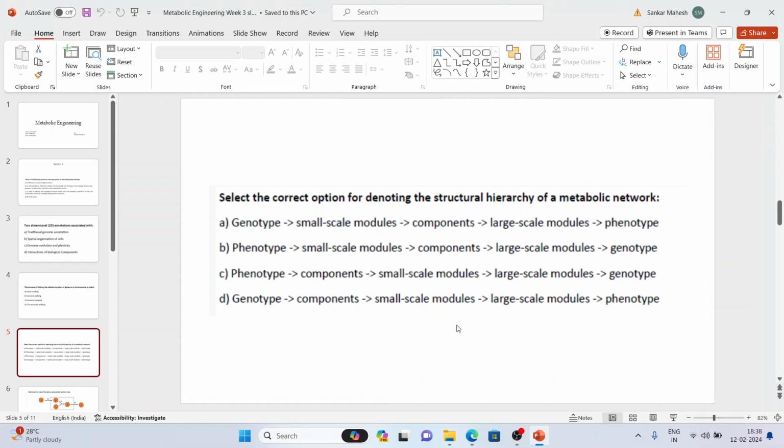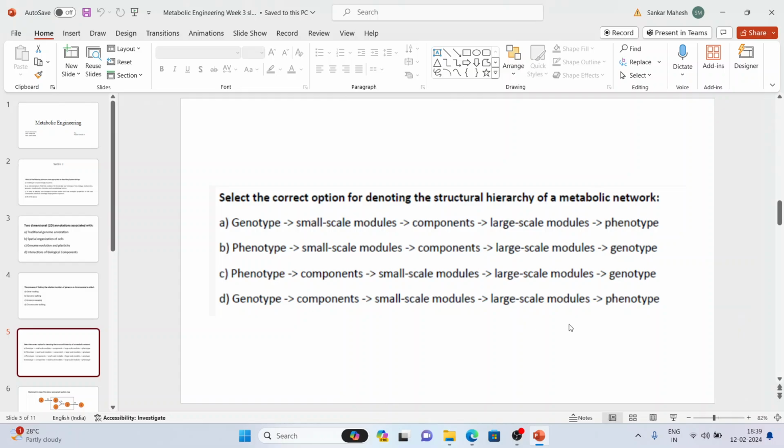Let's say there is a particular metabolic network consisting of three steps, then the genes involved in that particular step alone will be called the small scale module. But if we have some other module which encompasses this small scale module and many other small scale modules that in total contributes to a specific phenotype, then the sum of modules will be called the large scale module.